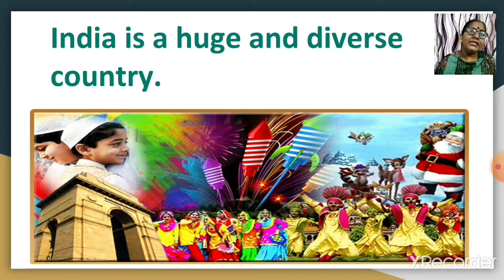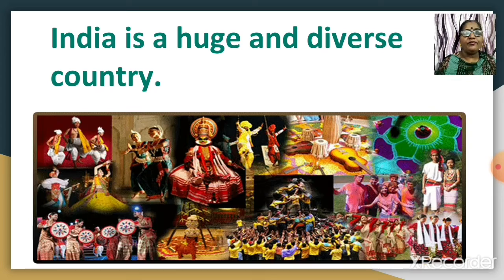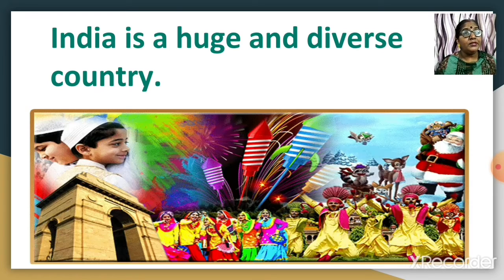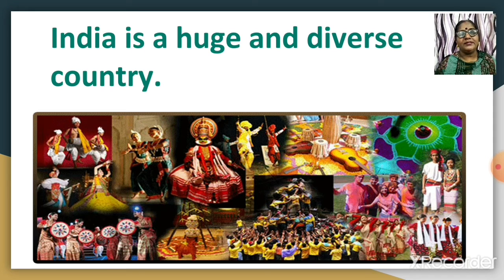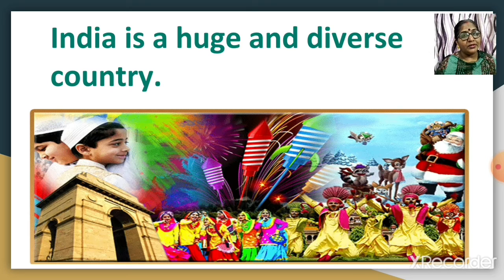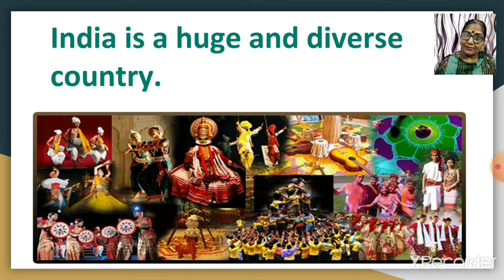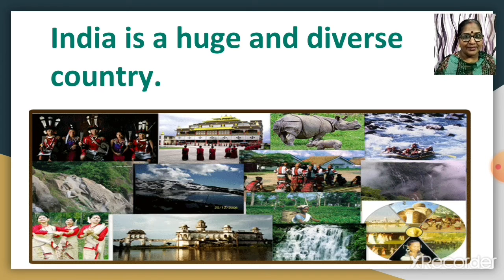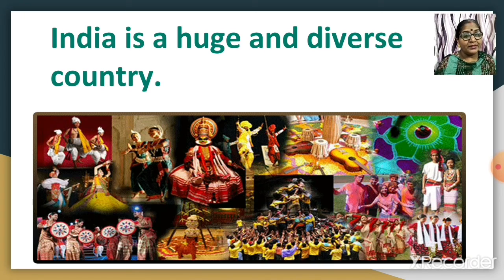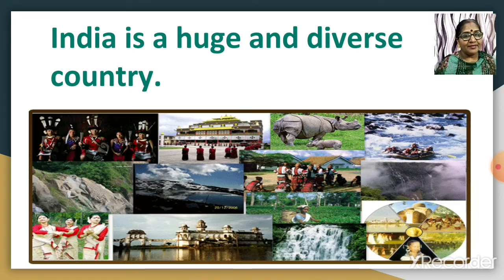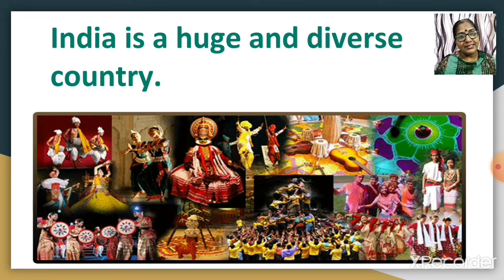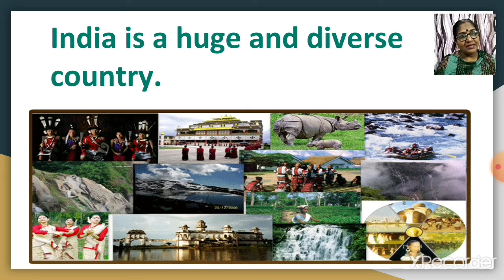What is the meaning of status of subject? It means they were ruled by the kings, and under kings, people of the kingdom were called the subjects of the kings, right? So now no more kings rule. They're going to have an elected government, and these people will be called citizens and no more subjects.